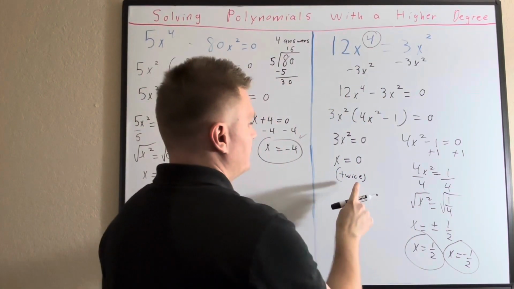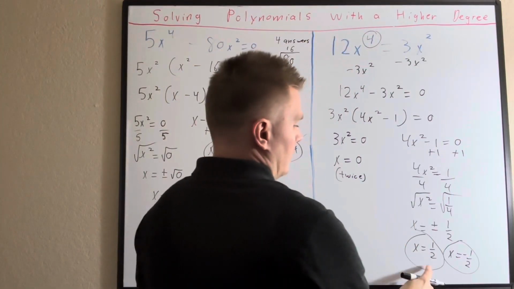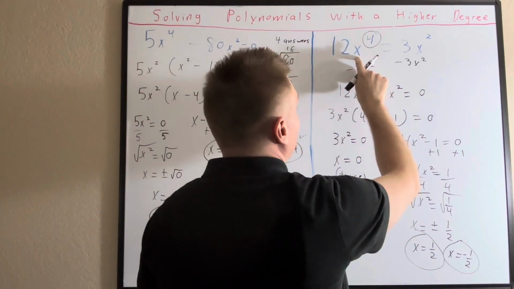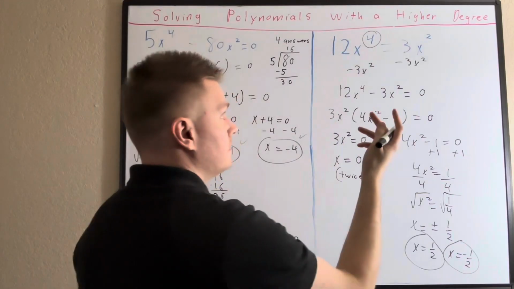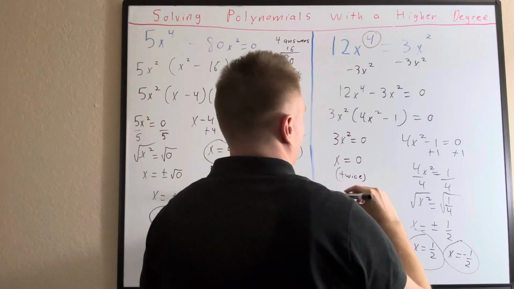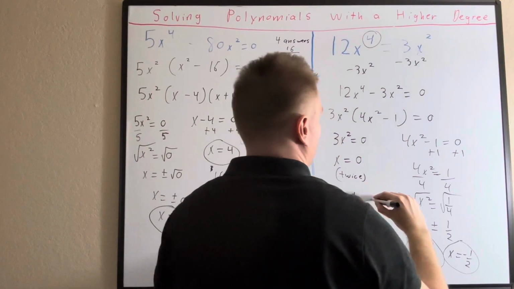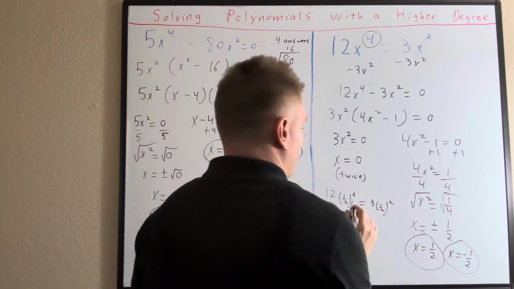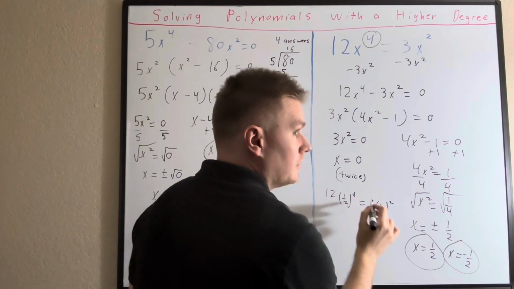And we can check those answers too. 0 on each side. 0. 1/2 to the 4th power. That'll be 1 over 16. So 12 times, let me just start from the beginning. 12 times 1/2 to the 4th equals 3 times 1/2 squared. 2 times 2 is 4, times 2 is 8, times 2 is 16.